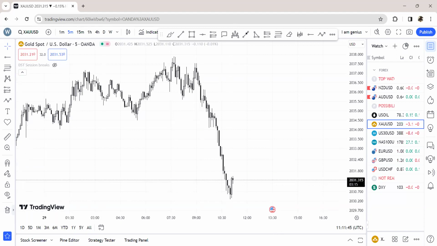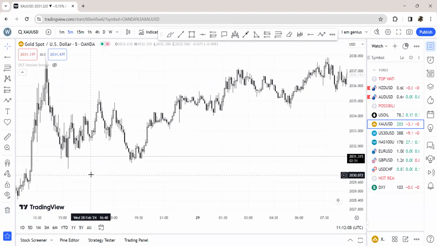Additionally, I want to ensure that after watching this video, you don't have any problems with support and resistance, market structure, and also the head and shoulders pattern. This is going to be explained in a different way to what you already know.